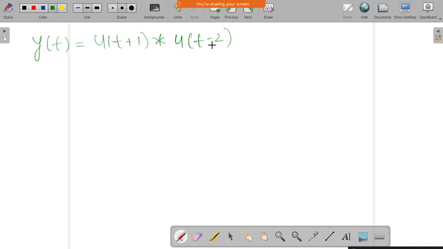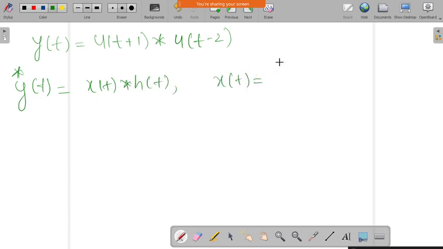Then one more, another important one. y of t equal to x of t convolved with h of t, where x of t is e power at into u of minus t and h of t is e power minus at into u of plus t.